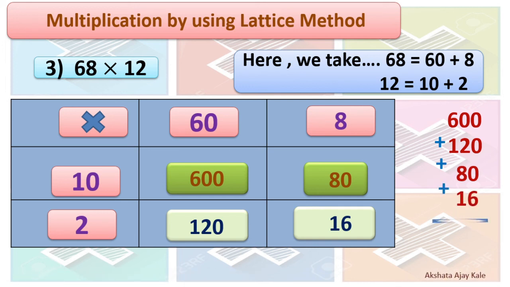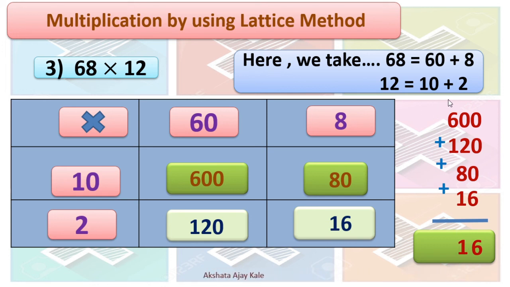Right? Now see here the answer, 0 plus 0 plus 0 plus 6. It is 6. Now 0 plus 2 plus 8. That is 10 plus 1, that is 11. So 1 I will write here and 1 is carried over.